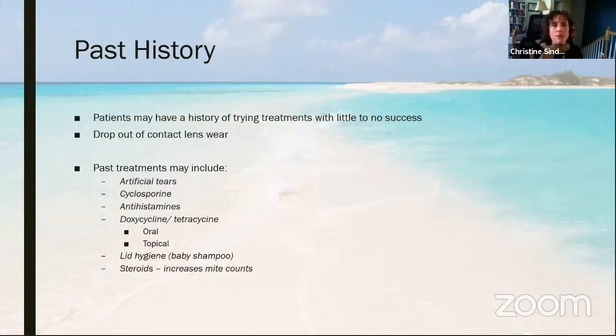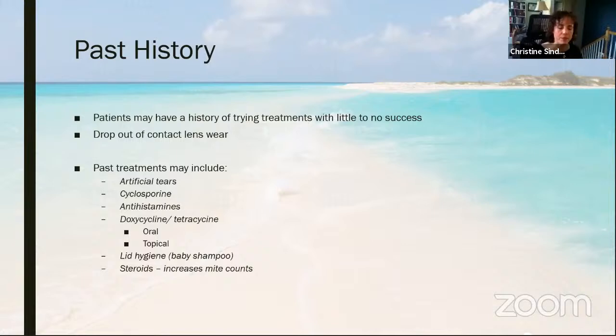The interesting thing about steroids is it decreases the inflammation on the surface of their eye, so it makes you more comfortable, but steroids can actually increase the mite count on the surface of the eye.